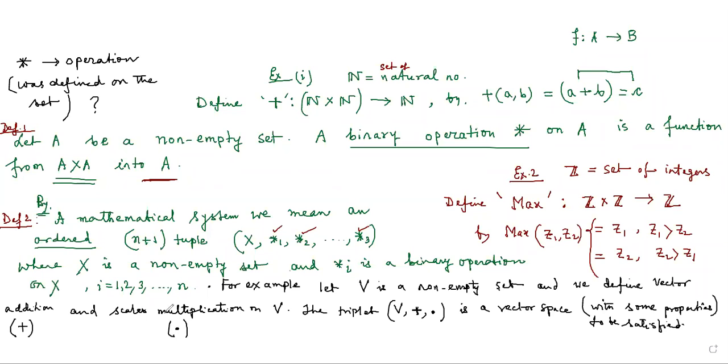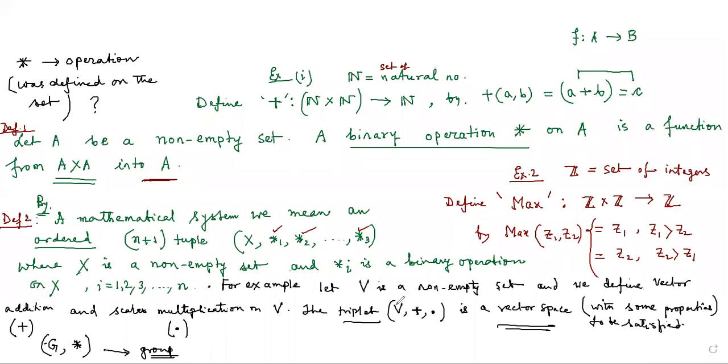And yesterday I told you that if capital G is a non-empty set and we define an operation star on it, with some properties, this is called a group. So we learned vector space earlier, and in the last class we learned group. This is a triplet, and this is a pair.